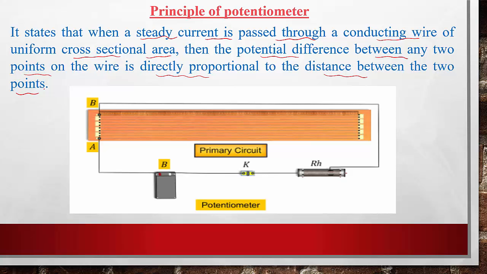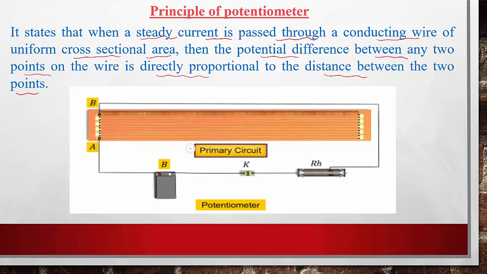Then, how to find the potential difference? Observe the potential difference between any 2 points. You can observe there are 2 terminals in this potentiometer, A and B. Between A and B, several meters of wire are connected.